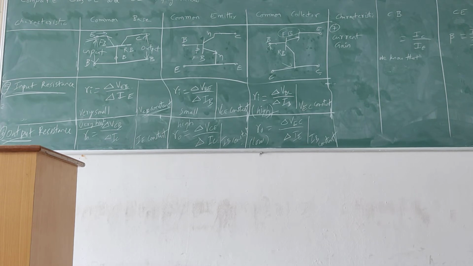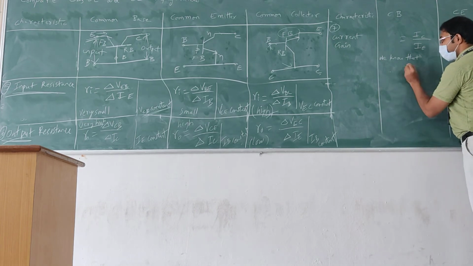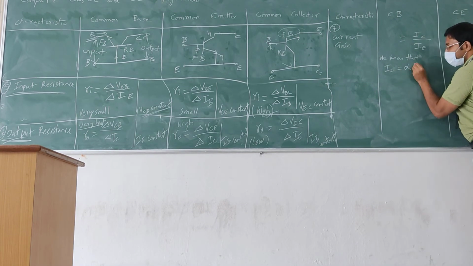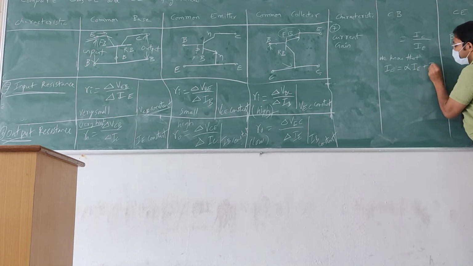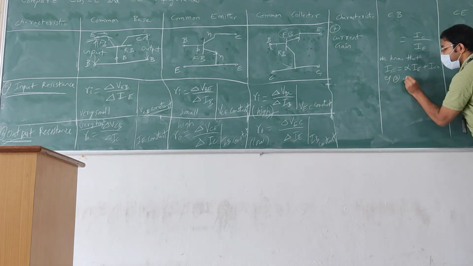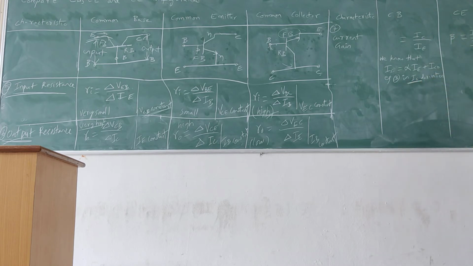Equation number 3: IC is equal to alpha IE plus ICO. This is already there in your notes.